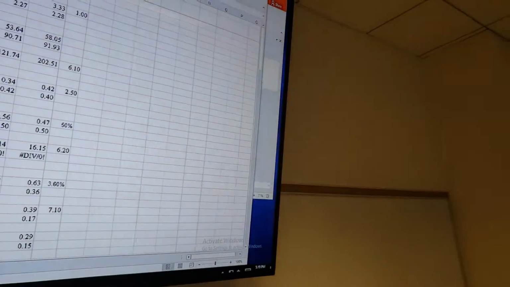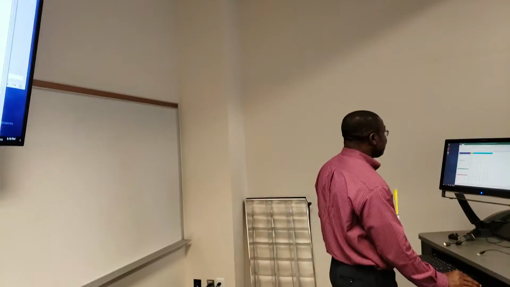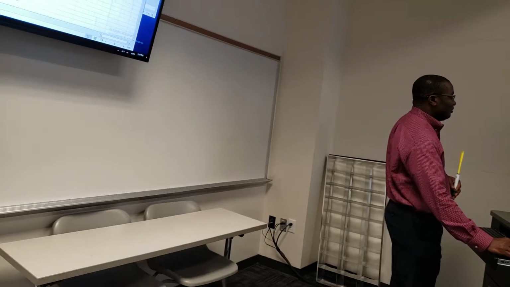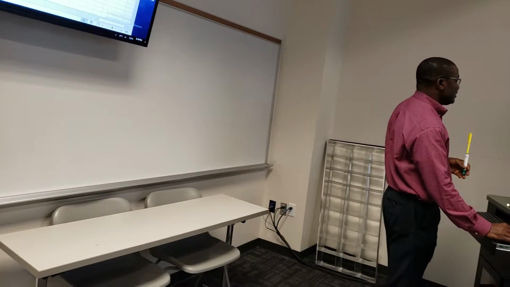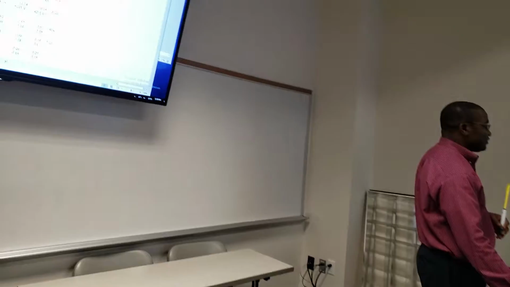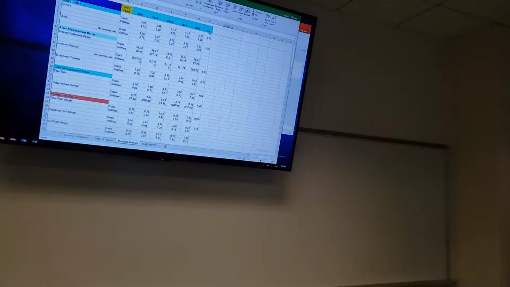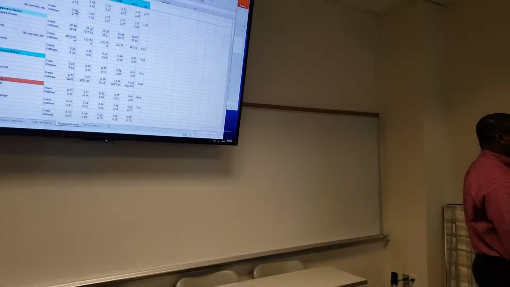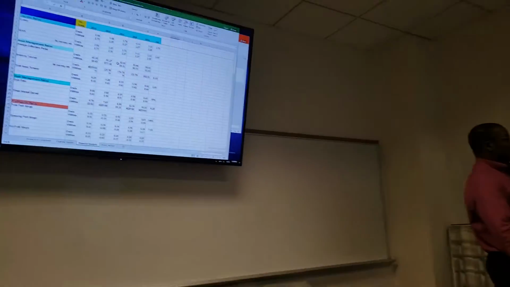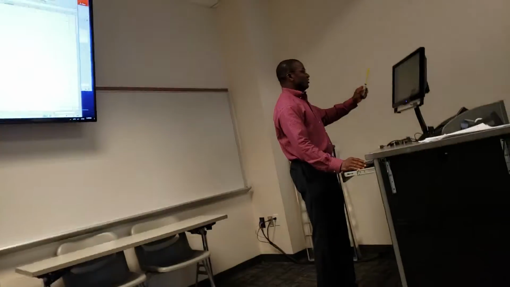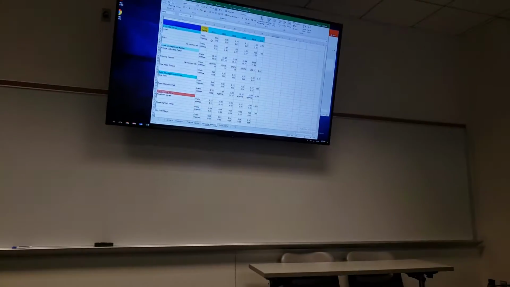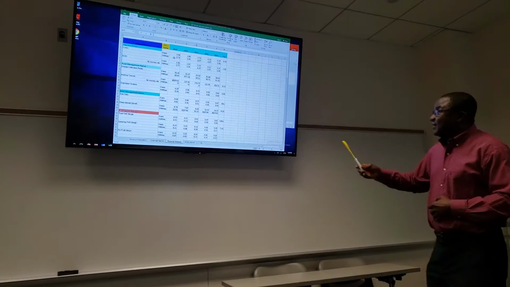The analysis was done for the year 2014 to 2018. In the course of this, we computed some of these ratios, and on the right side over here are some of the industrial averages to compare with the results. For the liquidity ratios, you can see the values that we're getting there.